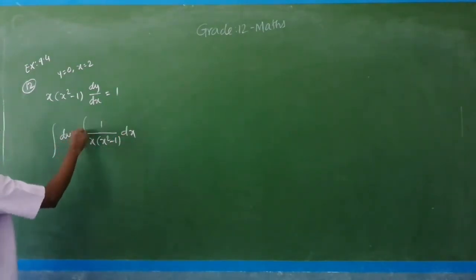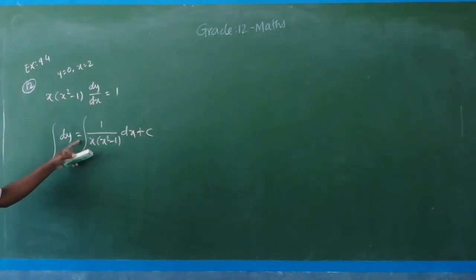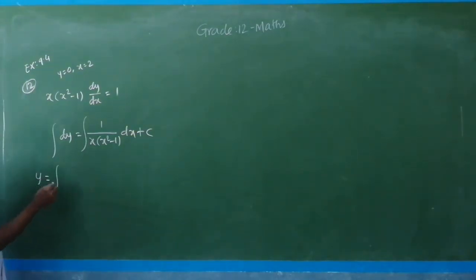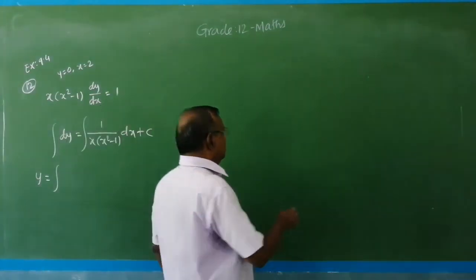Now integrating on both sides, we have integral dy equal to integral 1 by x into x square minus 1 into dx plus c. The LHS is y, whereas the RHS, we have to use partial fraction again like previous problem.